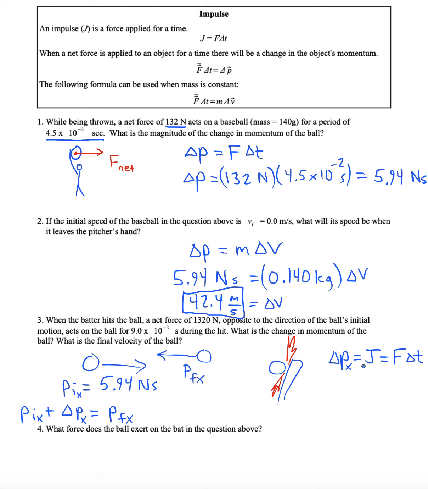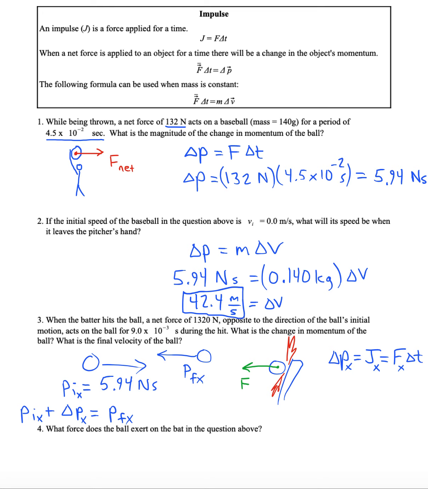Okay. Impulse is also a vector. So whereas the initial momentum is positive, we're going to want our final momentum to be negative. We're also going to want to consider that the force being applied to our ball is going to be negative as well.